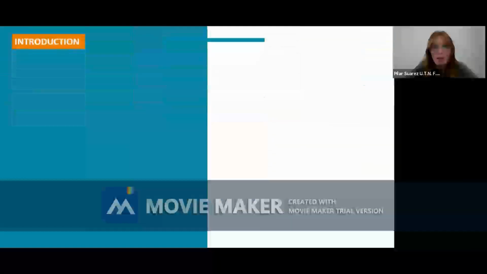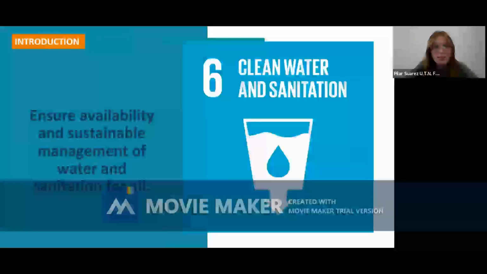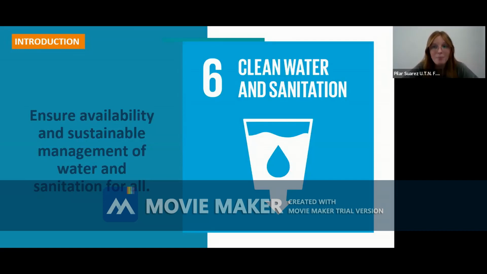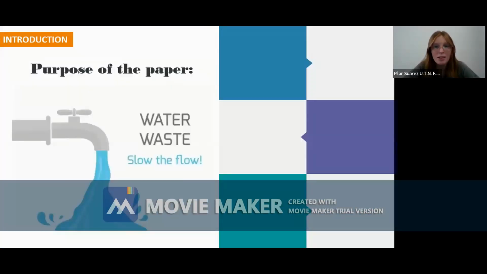Well, this problem is connected with Sustainable Development Goal number 6, clean water and sanitation, which is related with the management and availability of water. The purpose of this SDG is to ensure the availability and the access to the water with the corresponding sanitation service.